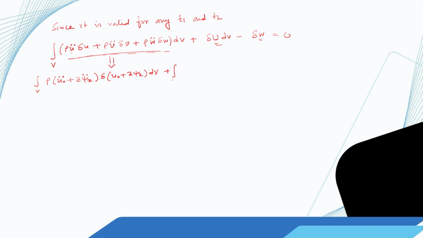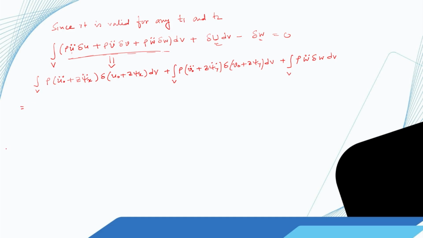Then we have the volume integral of rho v0 double dot plus z into psi y double dot, and then the variation of v0 plus z into psi y, and plus the volume integral of rho w double dot into variation of w.